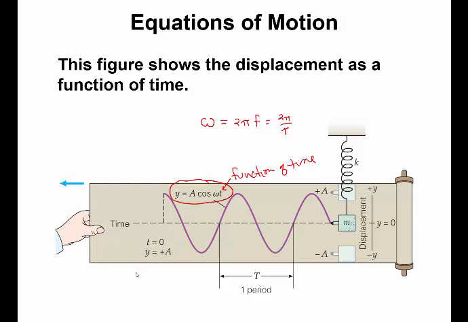Well, the cosine of 2 pi f t would have to equal 1 in order for y to be plus A. If it was a sine, then at time equals 0, there's not a way for y to equal plus A, unless I had a phase shift in there. But we're not going to talk about phase shifts.